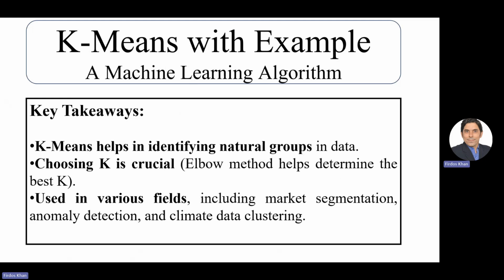Choosing K is crucial, that's very important. I already said this in the first video of this series. If you have no prior information about the data, you can use methods available in the literature, like the elbow method, which helps determine the optimal value of K. We will have a separate video on the elbow method and how it works.